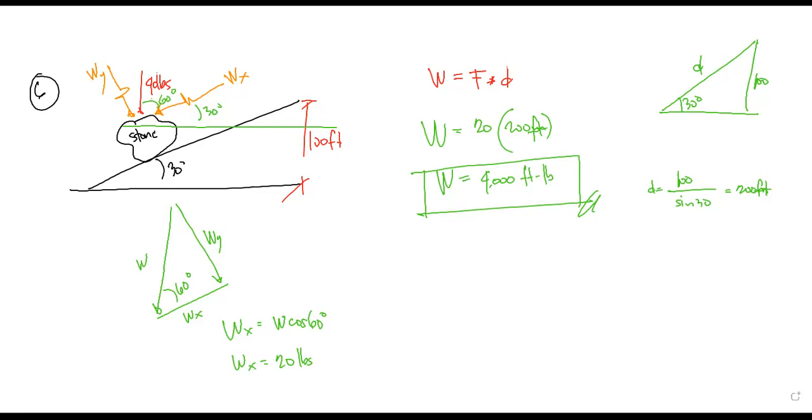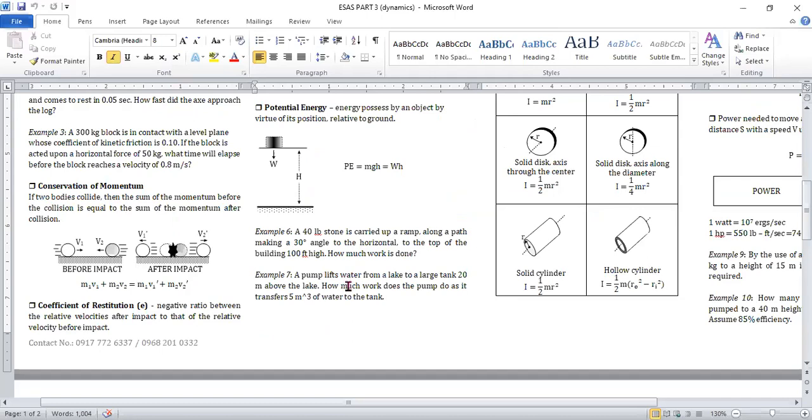So in the next example, we are given a pump that lifts water from a lake to a large tank 20 meters above the lake. How much work does the pump do as it transfers 5 cubic meter of water to the tank?